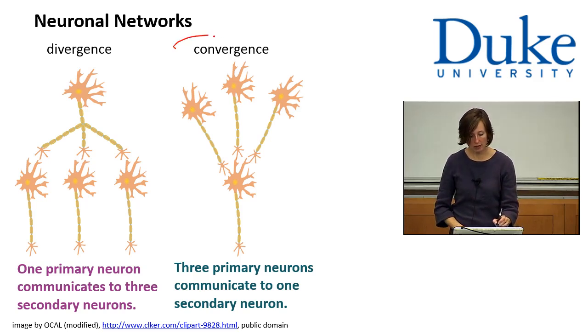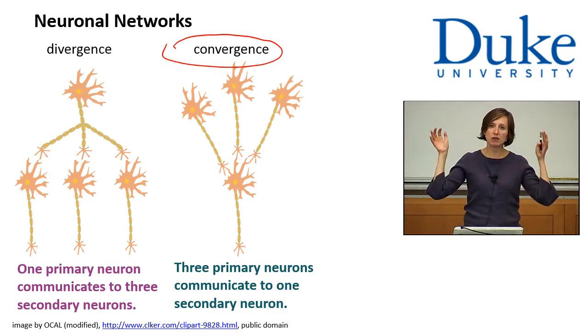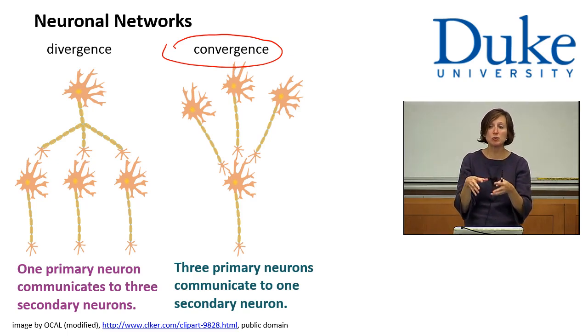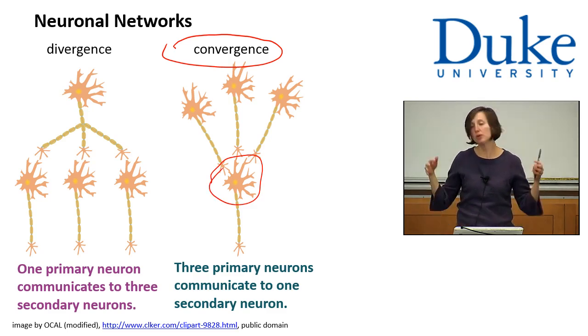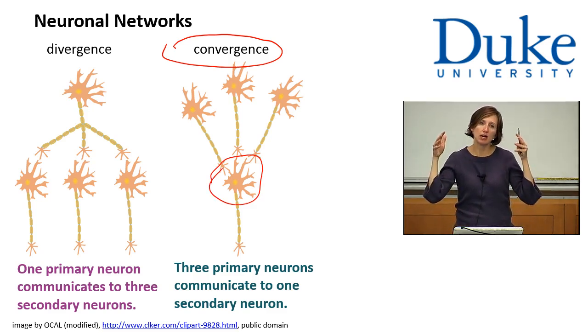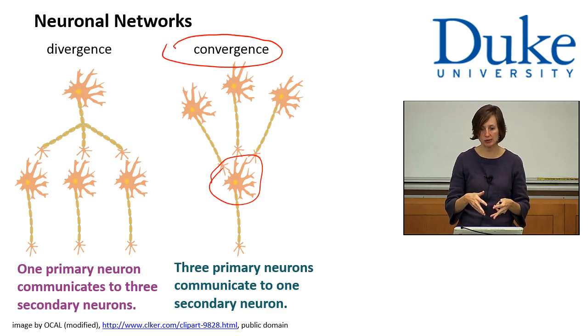Or you can have convergent neuronal networks, which is when several neurons give inputs to a single neuron. So this would be an example when this downstream neuron is getting inputs and it's summing these graded potentials to decide whether or not to fire an action potential.